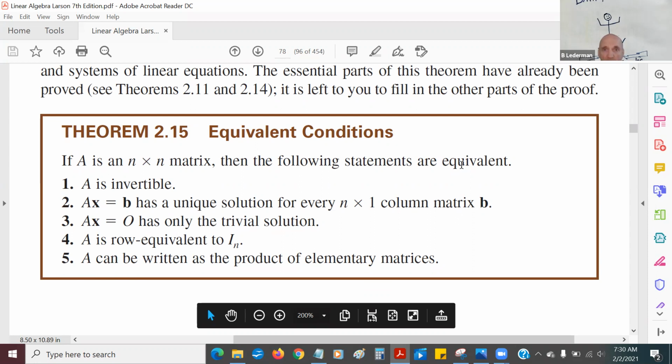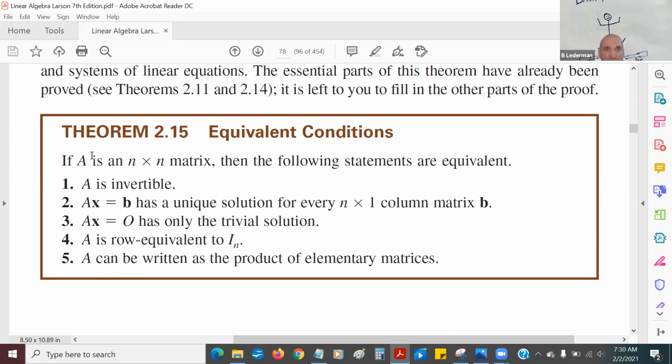Now, what does it mean to say they're equivalent? It means that if I can show that any one of these 5 things is true, then automatically all 5 are true. And on the flip side, if I have an n by n matrix A and I know that any one of these is false, then all 5 are false.